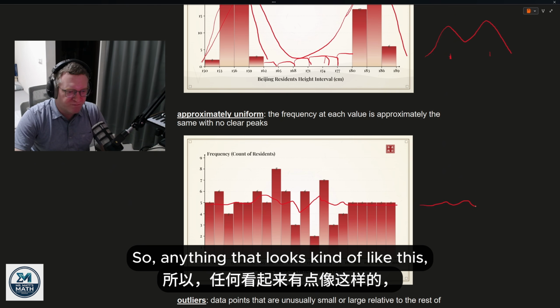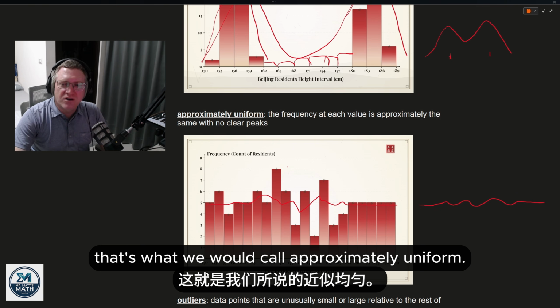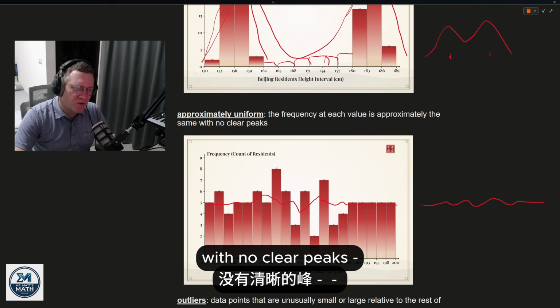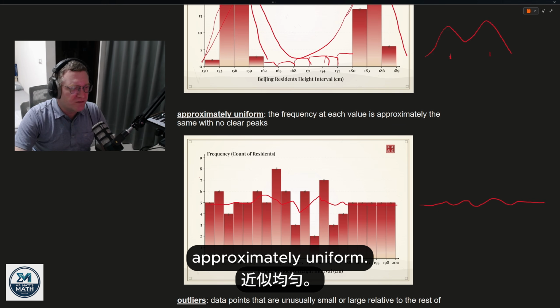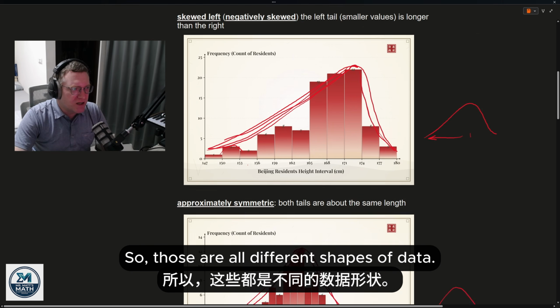Anything that looks kind of like this, where there's not a big clear shape to it, we would call approximately uniform. So the frequency at each value is approximately the same with no clear peaks. Okay, so those are all different shapes of data.